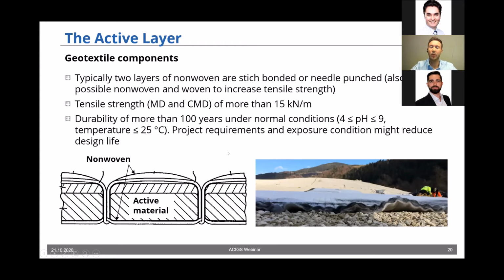And at Huesker, for our active geocomposite with activated carbon, we most often use the stitch bonded technique, because the unit mass that we can bring into the active geocomposite is higher than with the needle punching technique.